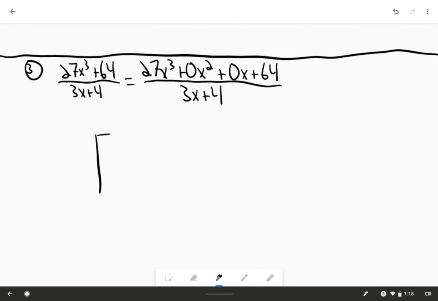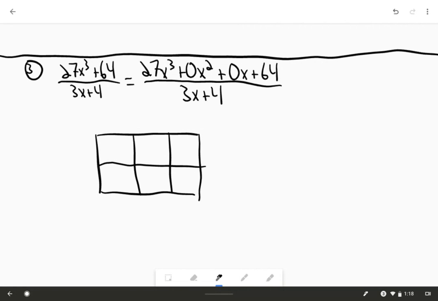Now I can go ahead and use the box method. Okay, so I can take my denominator, put that along the side of the box, 3x plus 4. Take the first term of the numerator, 27x cubed, put that in the top left, and now I'm going to do my thing. So to figure out what goes here, 3x times what is 27x cubed?